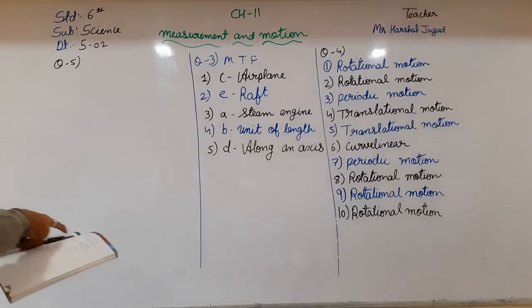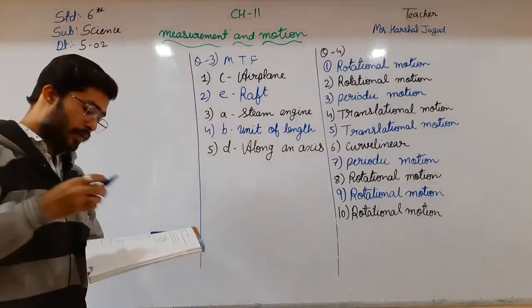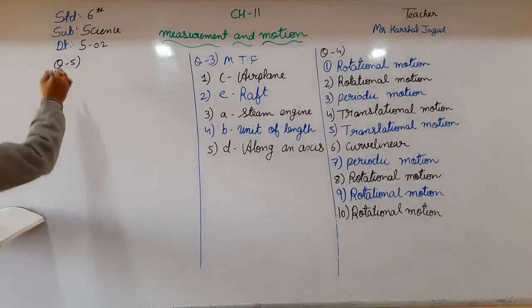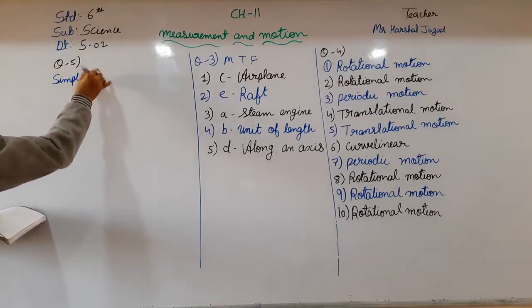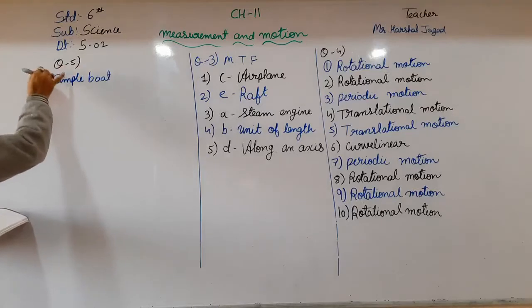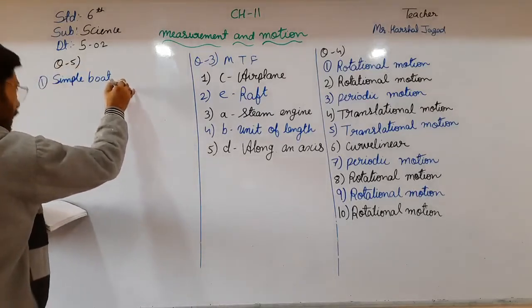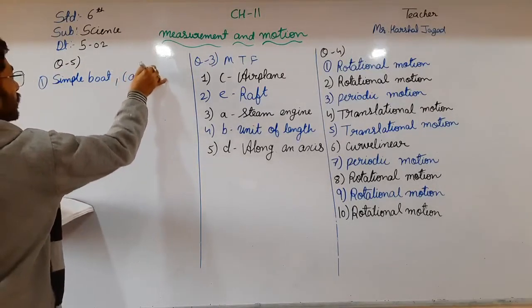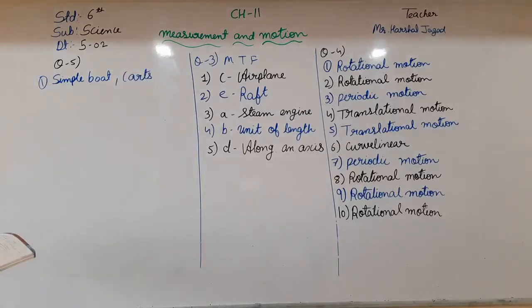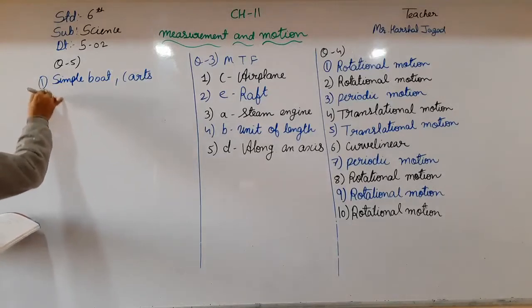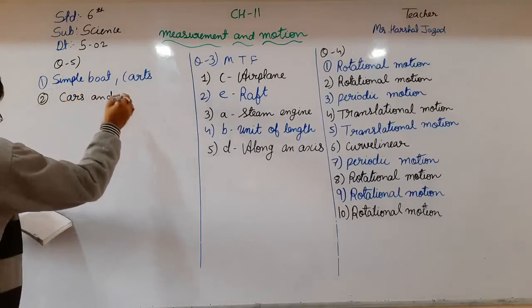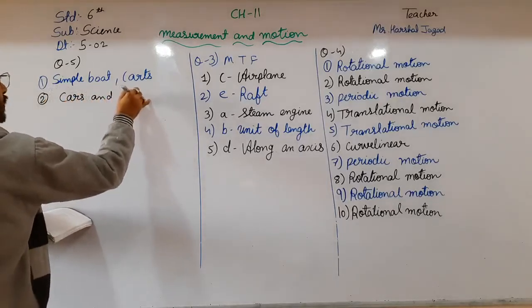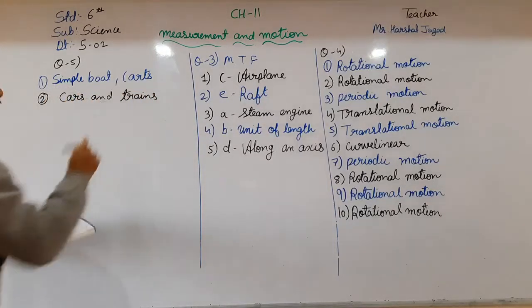In the first one, means of transport used by, a simple boat and carts. Second one, modern vehicles, we can say cars and trains. We can also write plane.